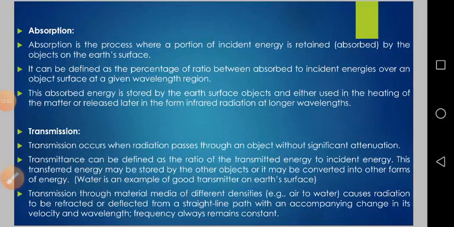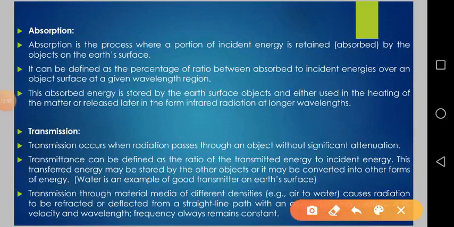Next one is absorption. Absorption is the process where a portion of the incident energy is retained or absorbed by the objects on the Earth's surface. It can be defined as the ratio between the absorbed energy and the incident energy, absorbed energy divided by incident energy, which can be expressed as a percentage.